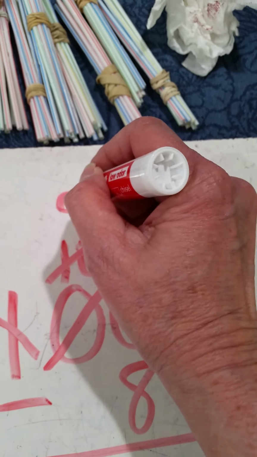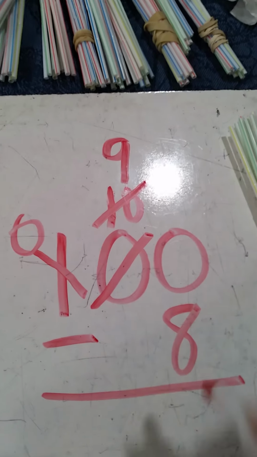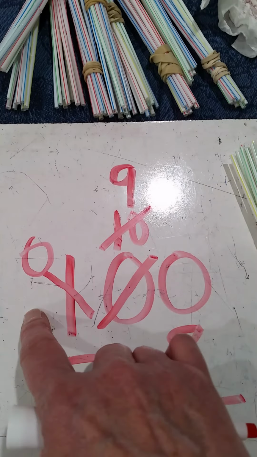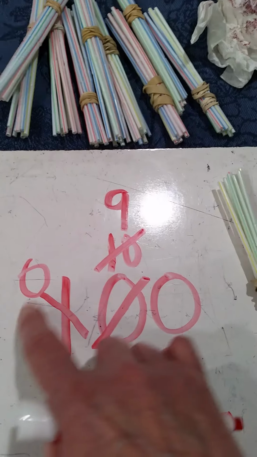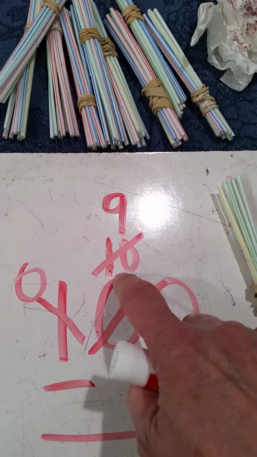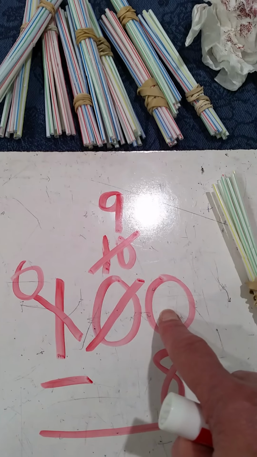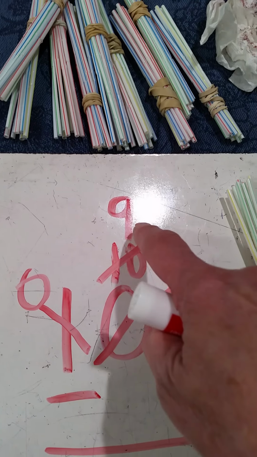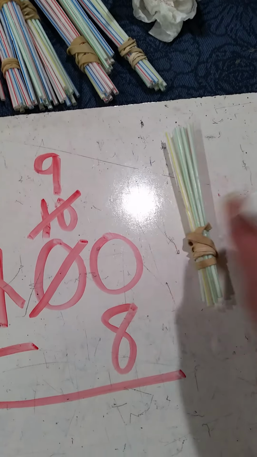So this is why I call it double-decker subtraction, because I had to borrow from the hundreds place. I put 10 tens in the tens place, but that still didn't help my ones. So now I have to borrow one of those 10 tens and put it in my ones place.